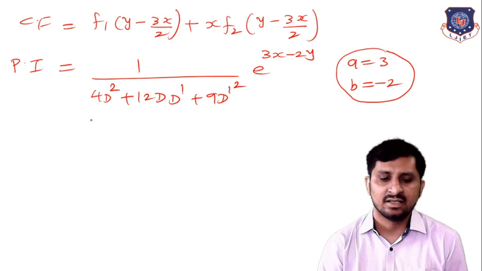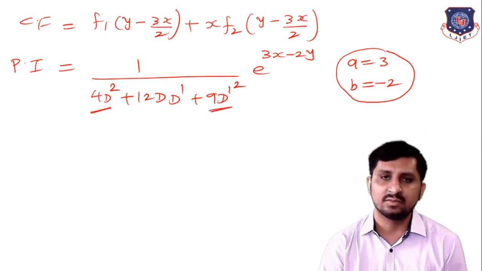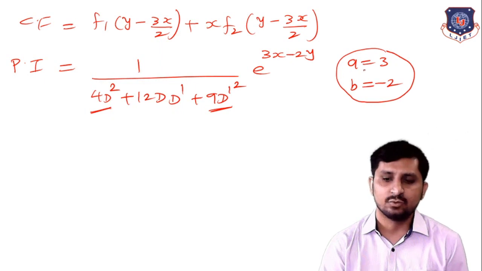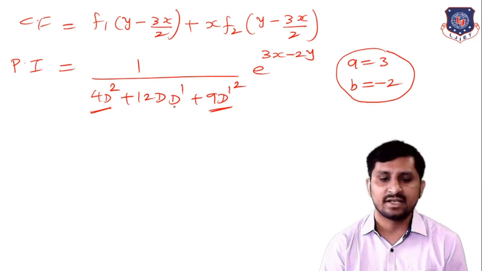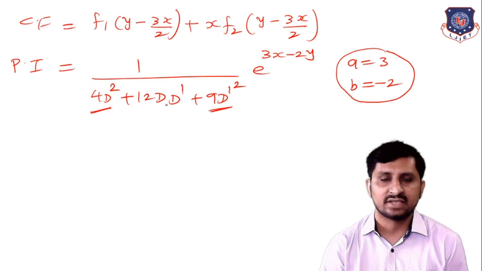When we put a equal to 3 here, this is 3 square, 9 into 4, 36. Instead of d dash, when you put minus 2, minus 2 square is 4 into 9, 36. So the first term becomes 36, the last term becomes 36, and the middle term becomes minus 72: 12 into 3 into minus 2, 36 into minus 2, that is minus 72.